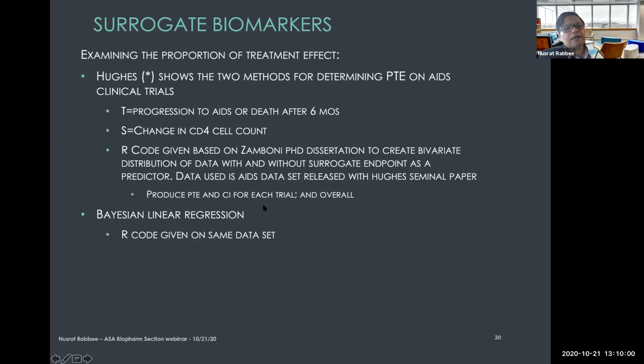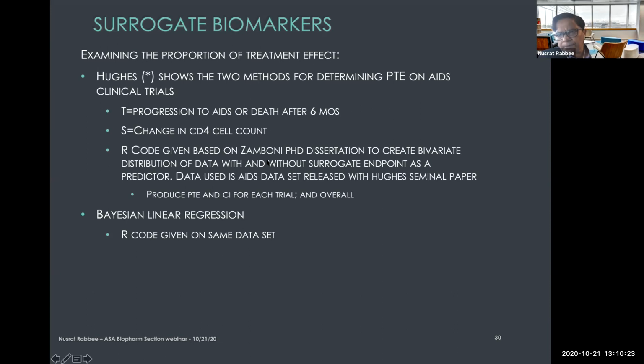And I give an example. Michael Hughes, in his seminal paper, introduced the two methods. You can actually determine the proportion of treatment effect explained on the AIDS clinical trial, where he has his true endpoint and CD4 cell count.